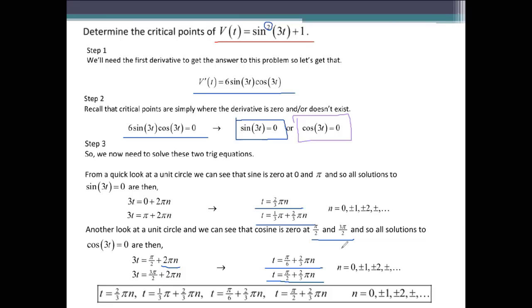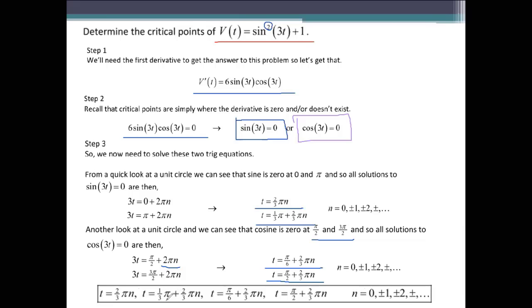If we consider our periods also, there are infinitely many critical points, because they have a period. The first one is 2 over 3 pi n.